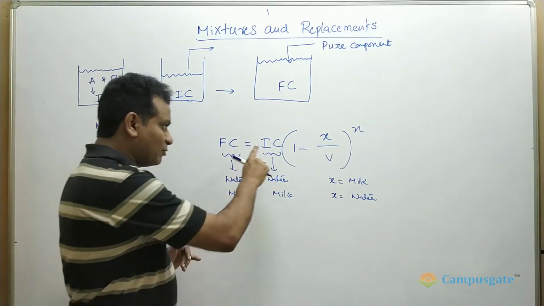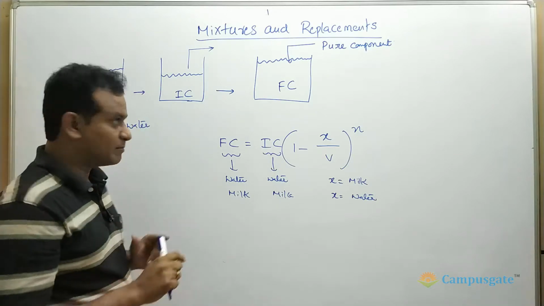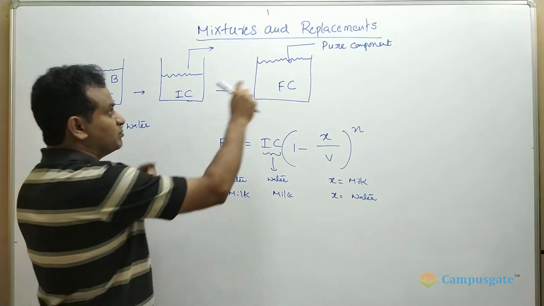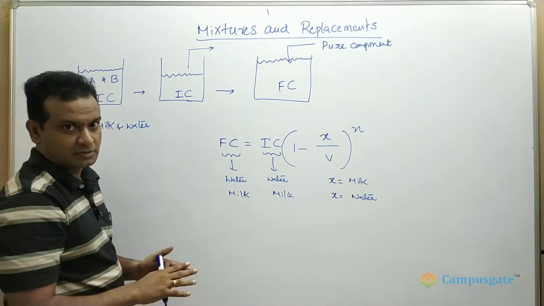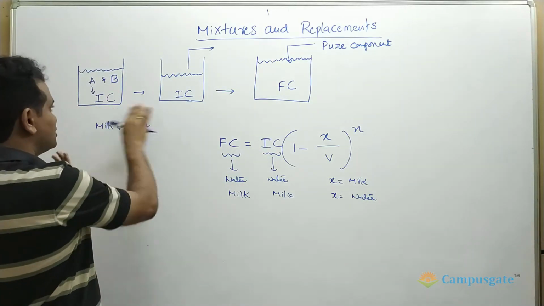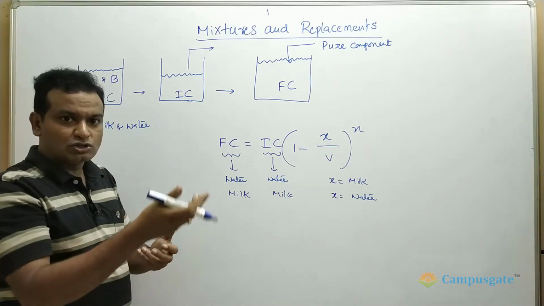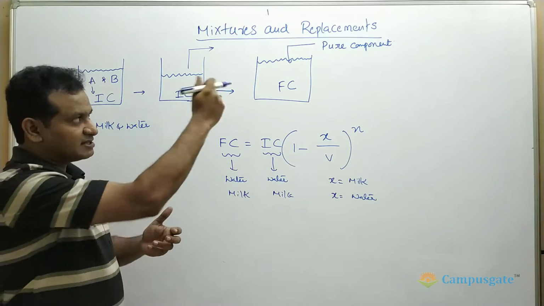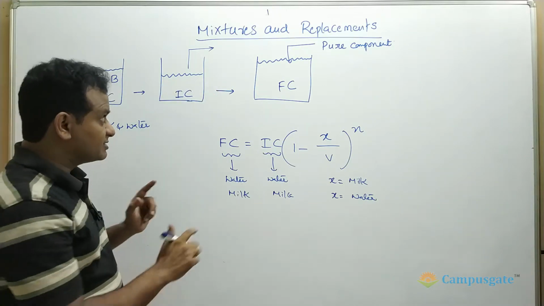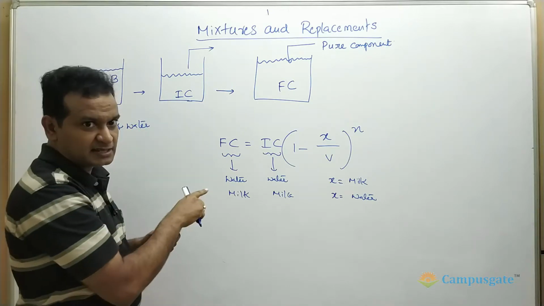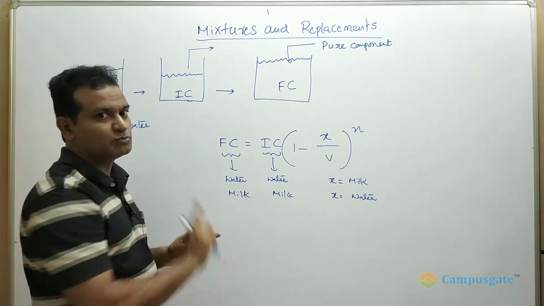Now, what about IC and FC? Always remember, initial concentration is always the concentration before you started adding the pure component. Here in this case, these two are the same. Sometimes in the questions, without removal also they will add the pure component. In that case, you should always remember, initial concentration is the concentration of the mixer just before the addition of the pure component.